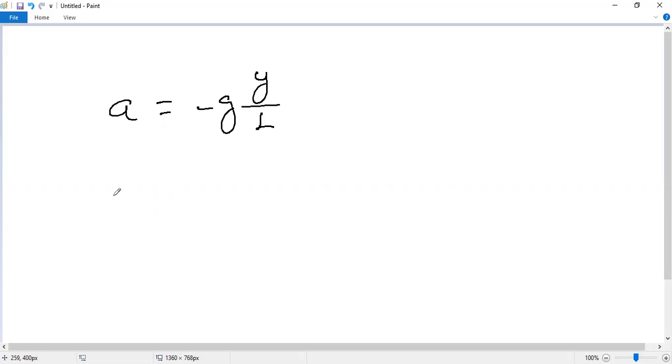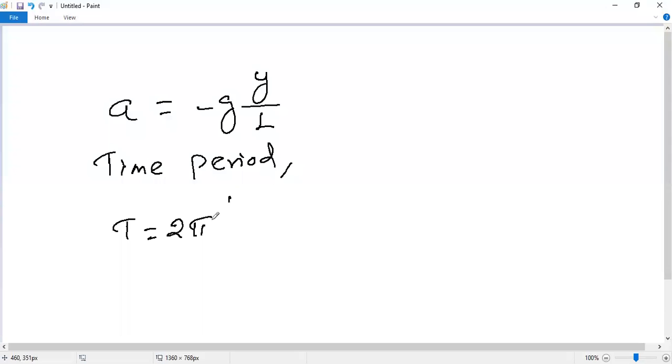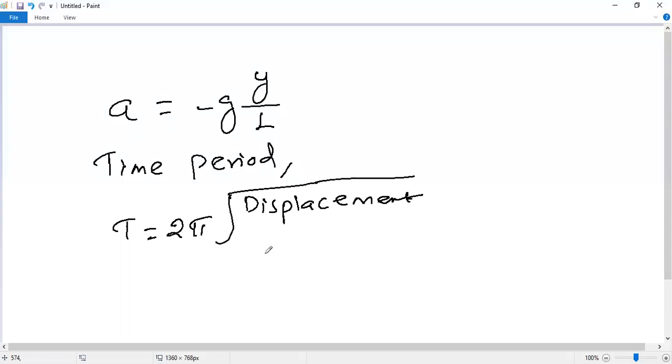Our time period formula: T equal to 2 pi root of displacement by acceleration.